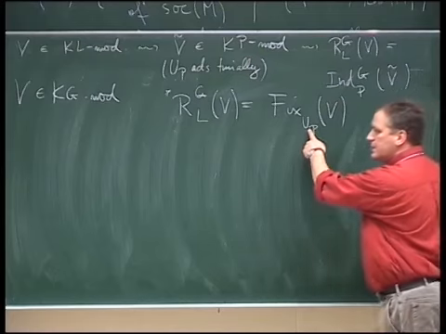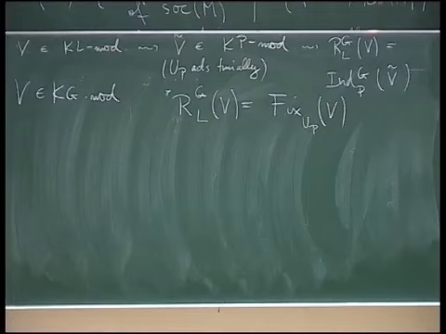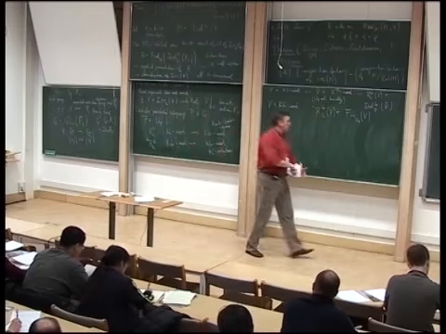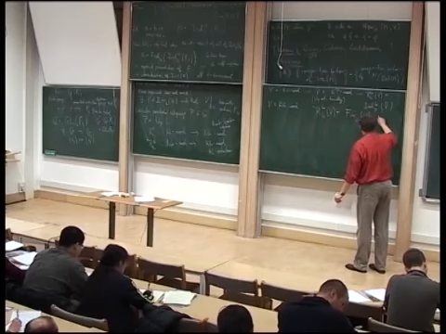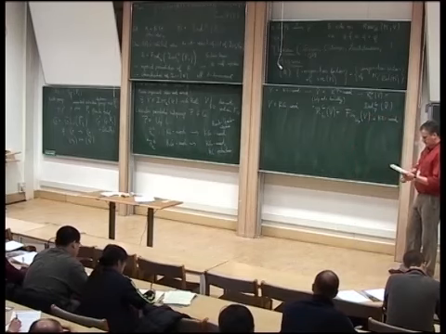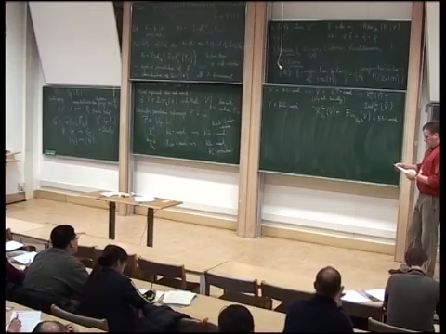And since U_P is a normal subgroup in P, i.e. it's normalized by L, you easily check that this is a KL module. So in this way you can define these two functors.